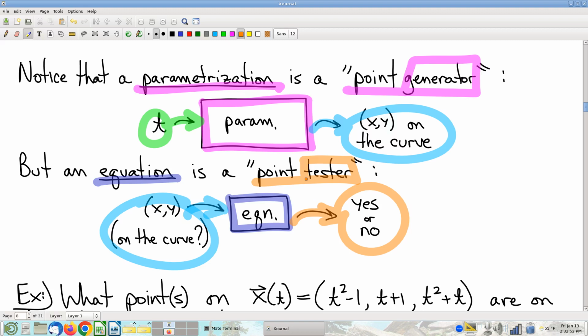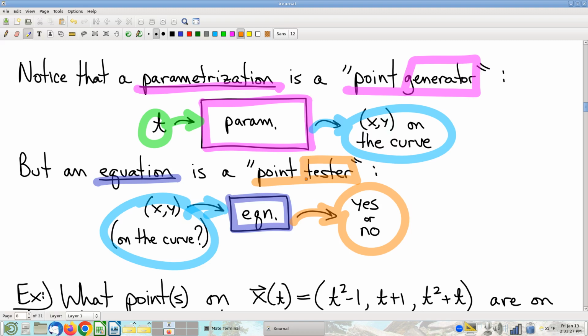But we need to distinguish between these two very different roles that these two very different pieces of algebra do. And so I strongly prefer the word parameterization because while I'm trying to distinguish something from an equation, it'd be nice to not have the word equation in the thing that I'm trying to make distinct from it. It's confusing. So anyway, when you see parametric equations, I encourage you to think parameterization.